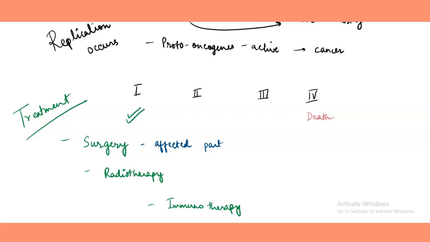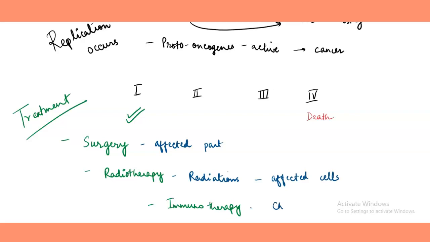In radiotherapy, harmful cells, the cells that have cancer or the cells which are mutated, are exposed to radiations, and these radiations will kill the affected cells. So by radiotherapy, radiations are given to the affected cells and these cells are being killed.